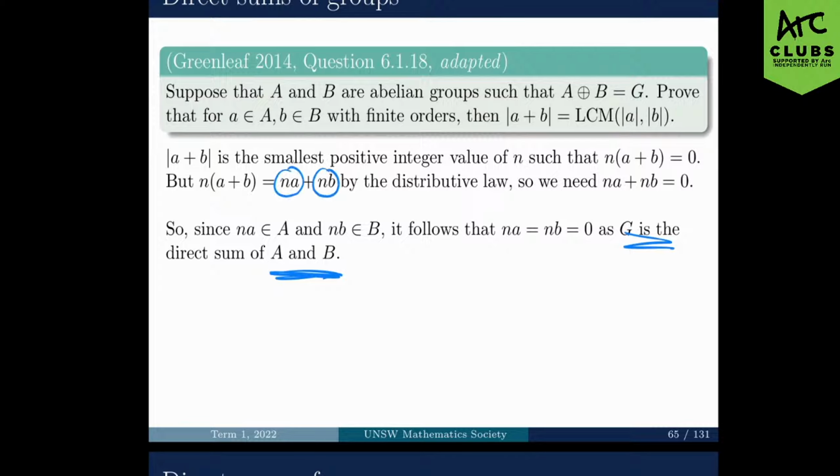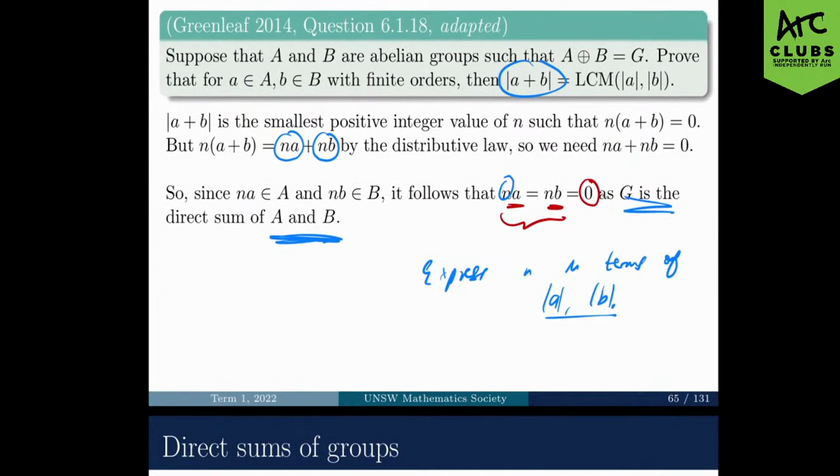And now we start to think about the individual orders of A and B. So we want to express n in terms of the order of A and the order of B. What that means basically is we want to express this number n in terms of the individual n's that we need for this to be equal to 0. So, for example, na equals 0 and nb equals 0.